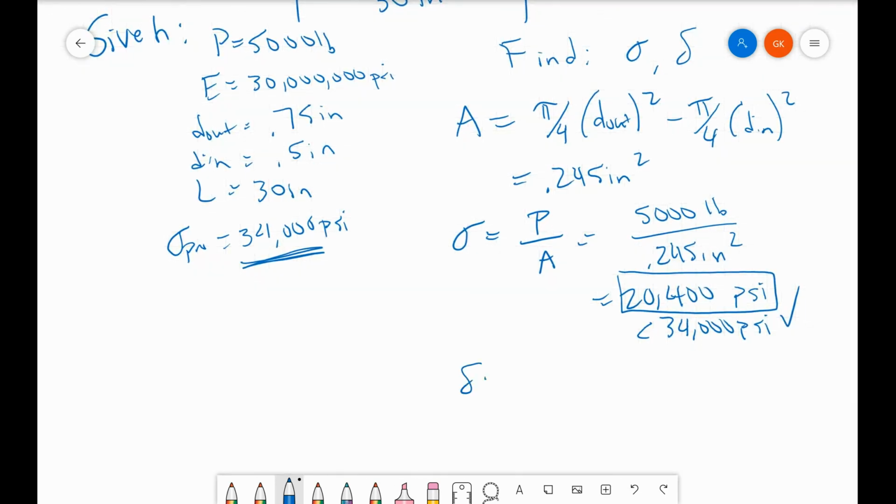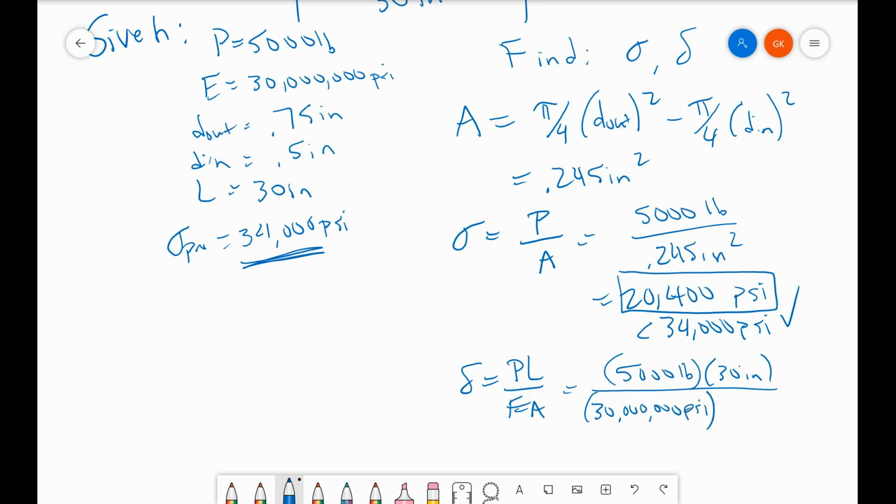So our PL equation to get the elongation is PL over EA, which is equal to 5,000 pounds times 30 inches all over 30 million psi times the area, which is calculated earlier as 0.245 inches squared.